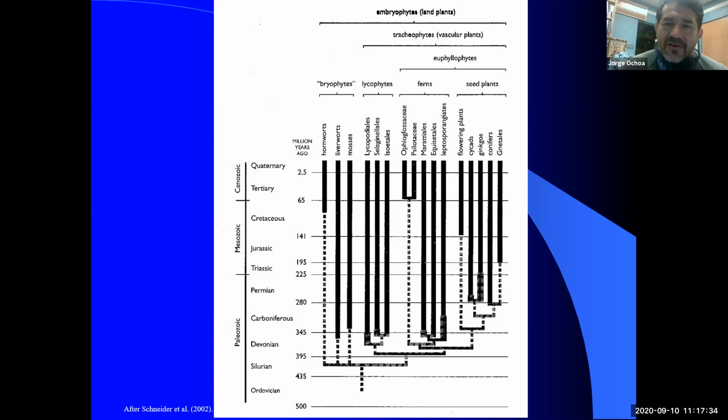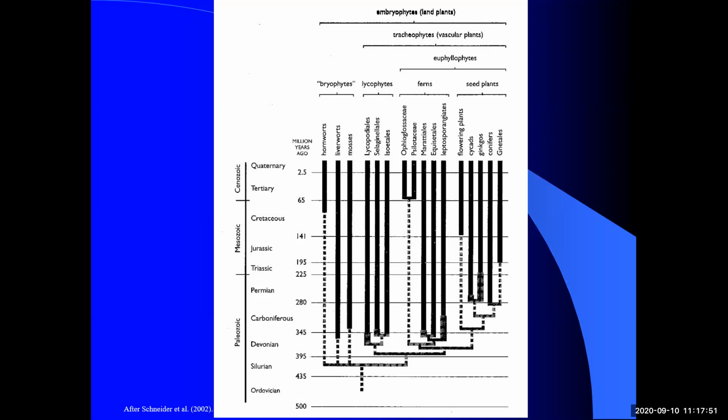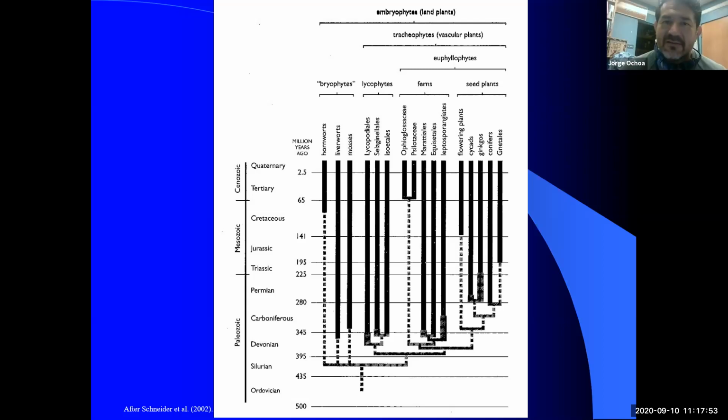But in order for us to understand the ferns, we need to go back way in time. We need to go back to the beginning of plants on the planet. And we'll see how they gradually have evolved. They evolved different characteristics that made them superior, made them adapt to their environment, and they're still with us even today.